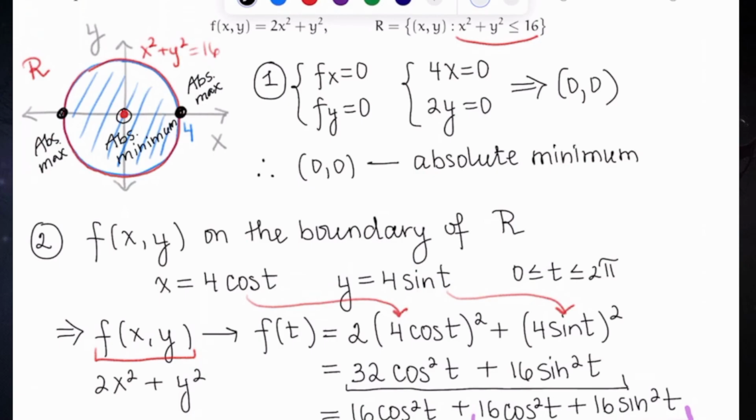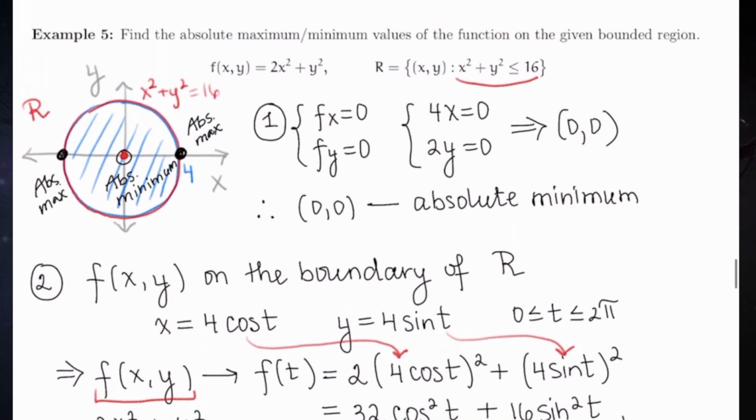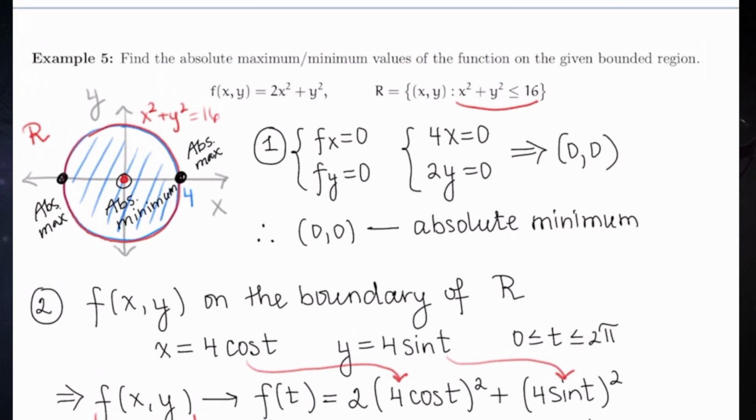Okay, all right, so let's quickly review what we've done here. First step is the same. We compute our partials, set them equal to 0, find the critical points, and check if these points are in the interior of R. Once that's done, we look at the curve.